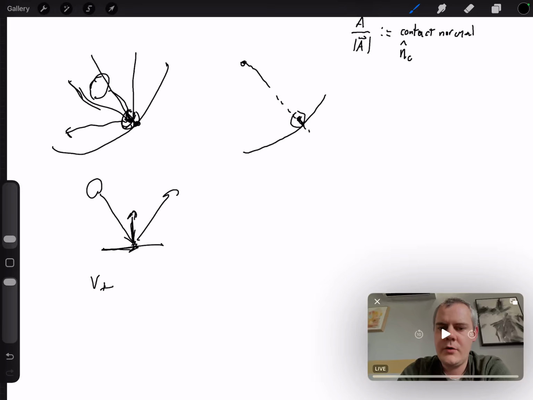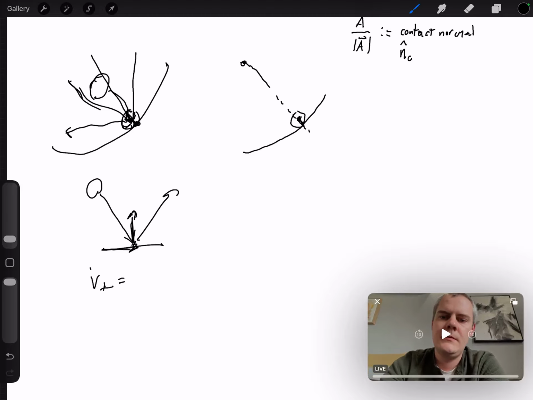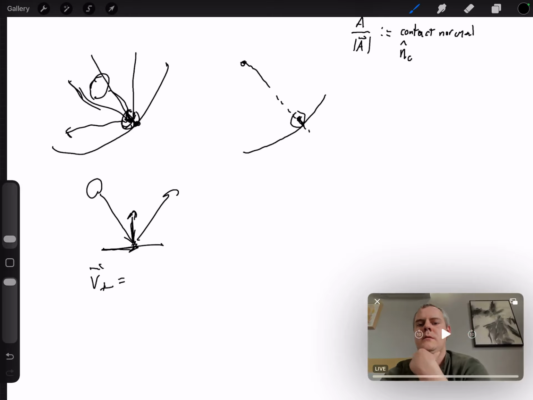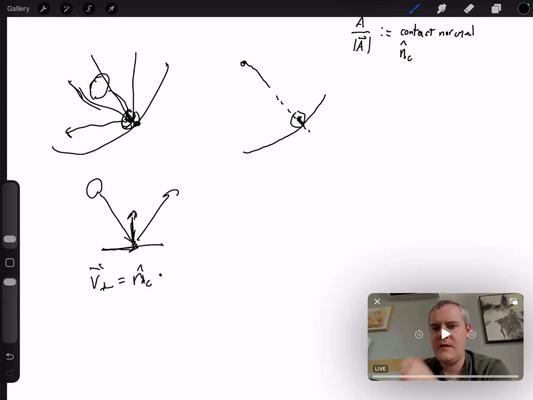The velocity perpendicular is the direction of the normal times the magnitude in that direction. And that can be found with dot.